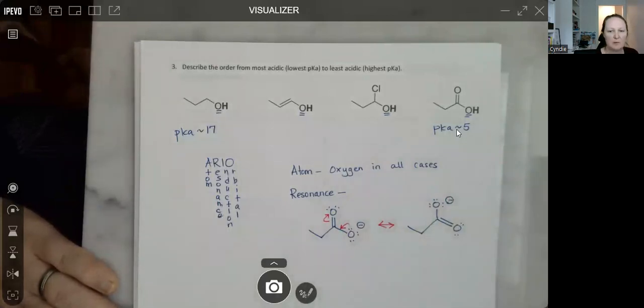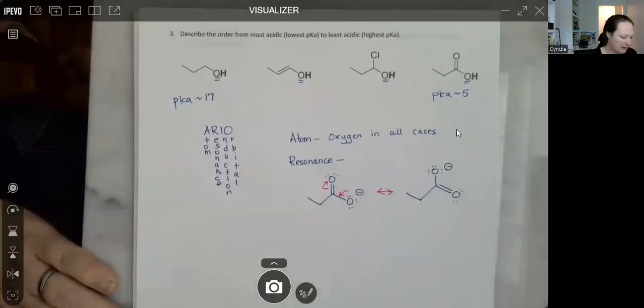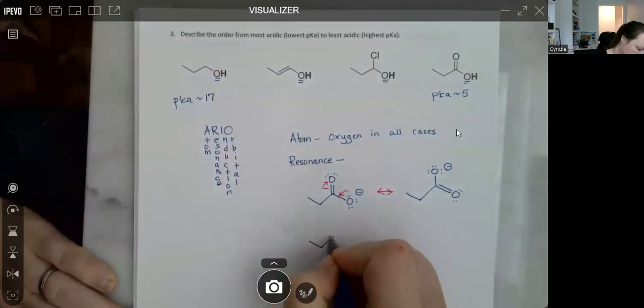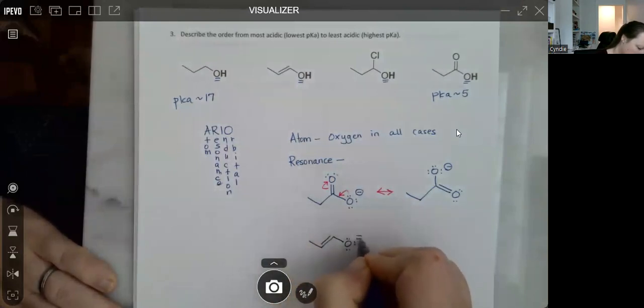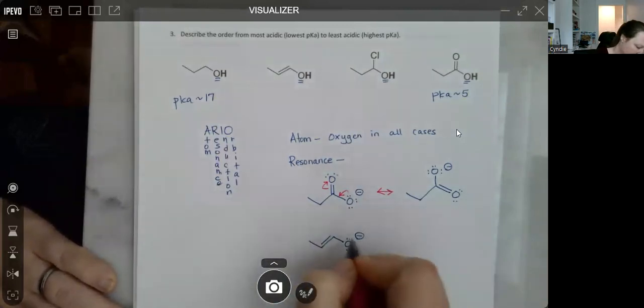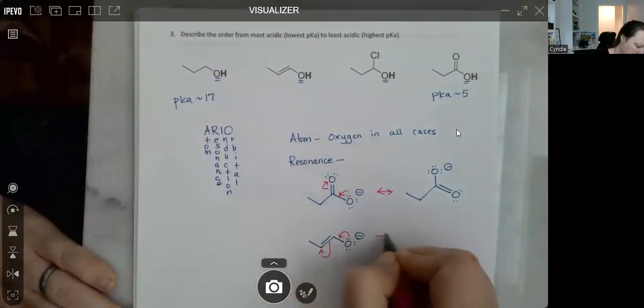But that's not the only one with resonance. We can also look at this structure, which would also be resonance stabilized for the conjugate base. So that's the conjugate base, and we can still apply the allylic lone pair resonance pattern.